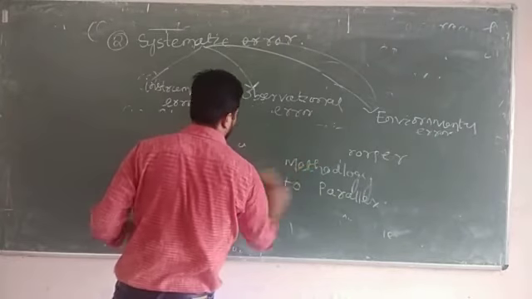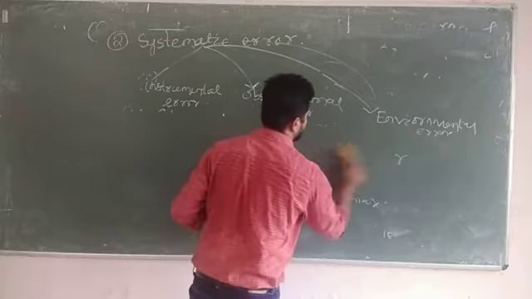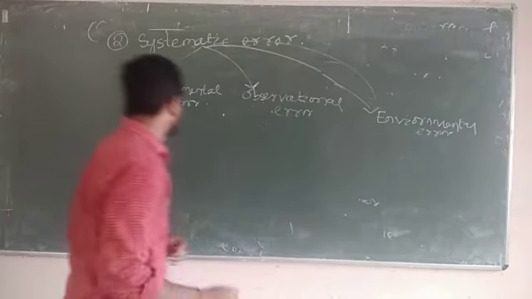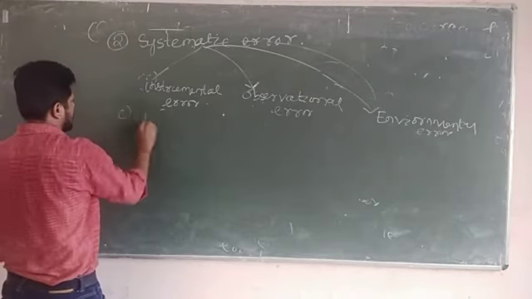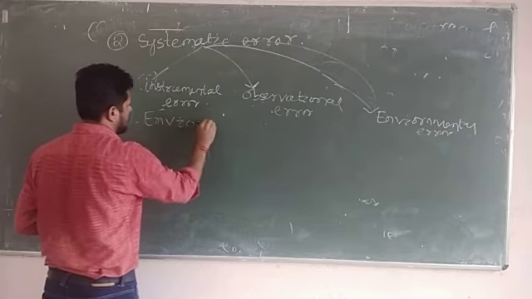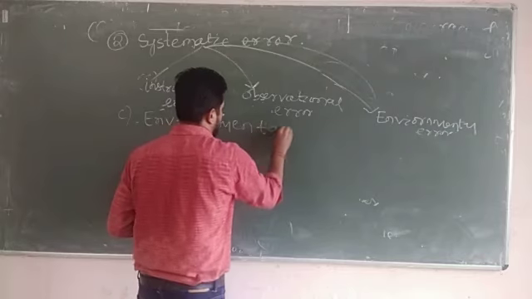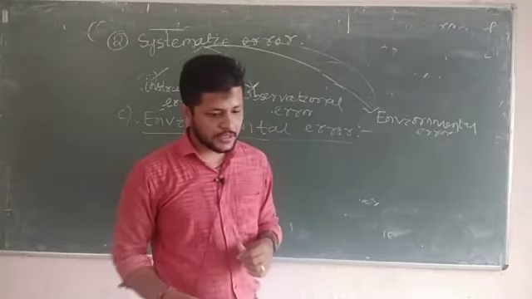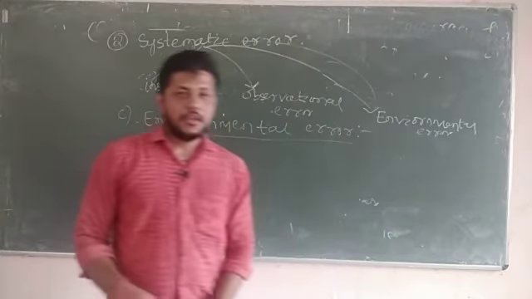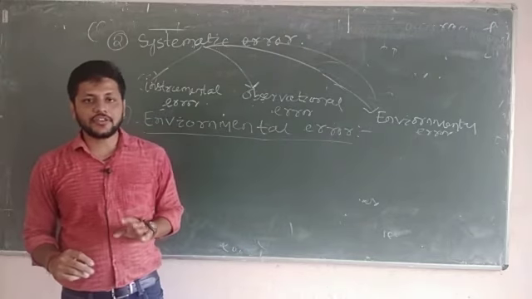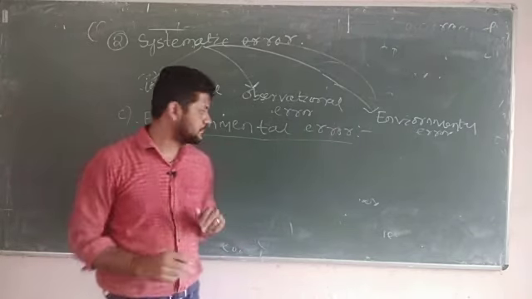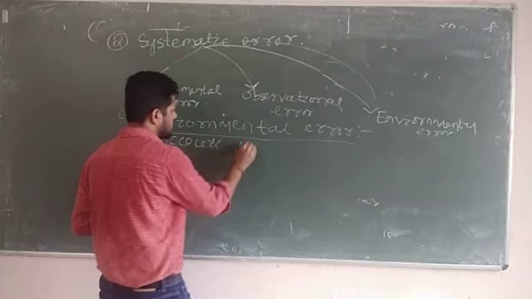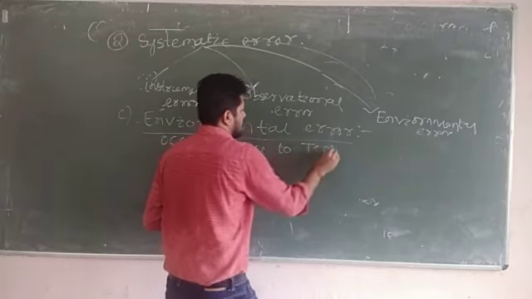Then we have another systematic error which is environmental error, that occurs due to external factors such as temperature, stray magnetic field or electrostatic field.